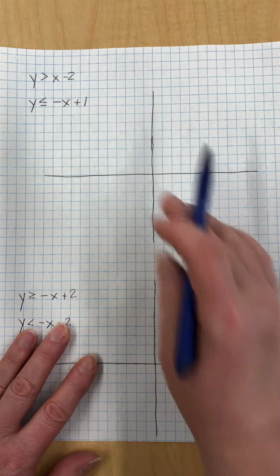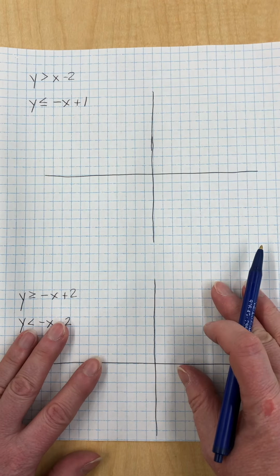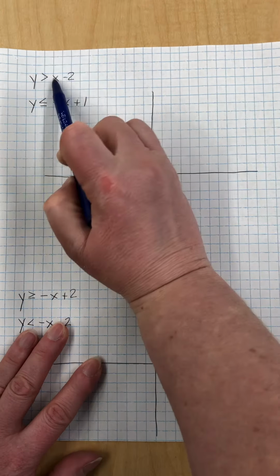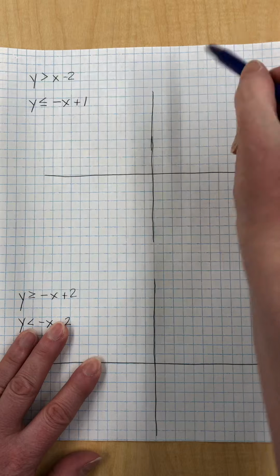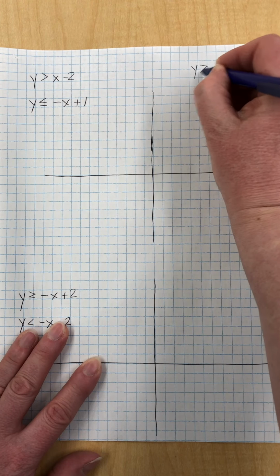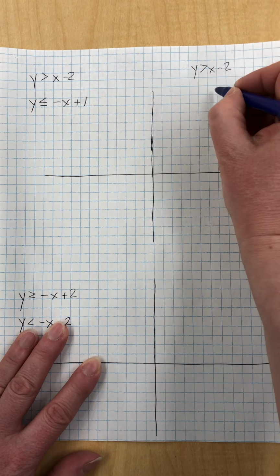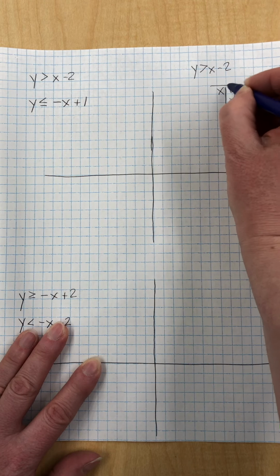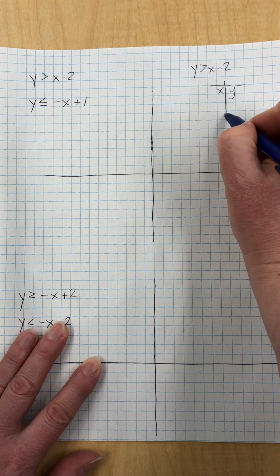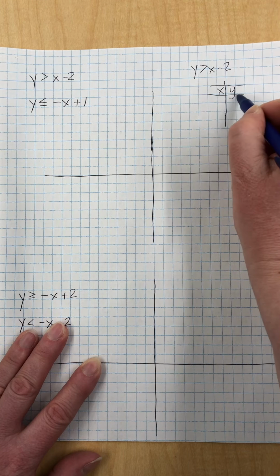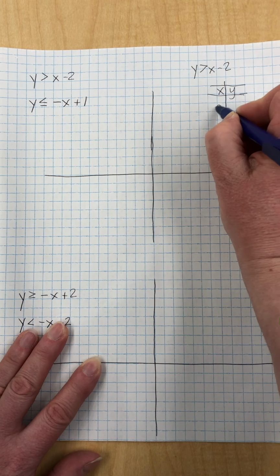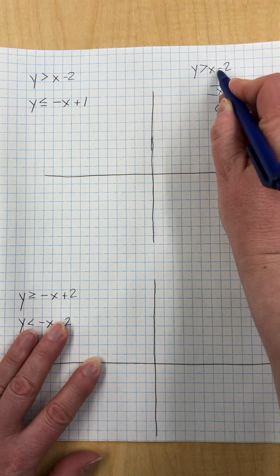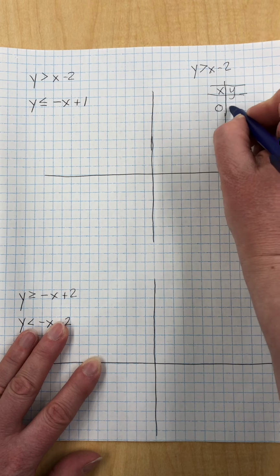All right, so we need to figure out first what points, we need at least 2 points to graph. So if I do y is greater than x minus 2, what can I plug in? If I have my x's and my y's, if I plug in 0 for x, 0 minus 2 is negative 2.